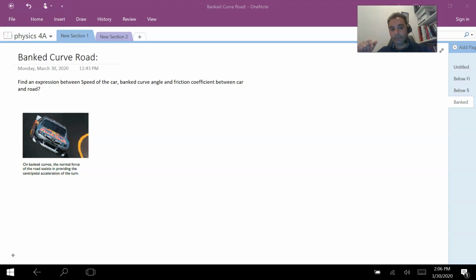Why? Because if we don't make the part of the curve with an angle, which is called a banked curve road, then the car, when it's taking the curve, will fly out, it will slide out of the curve.